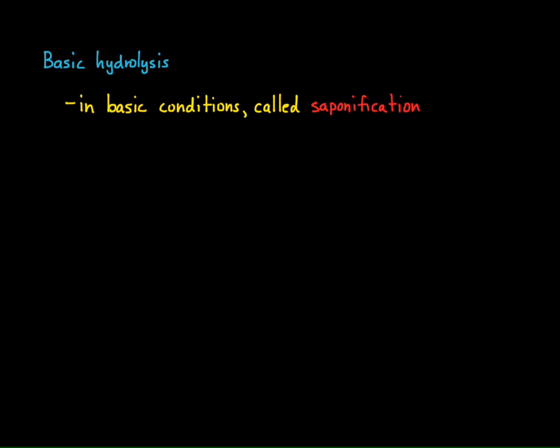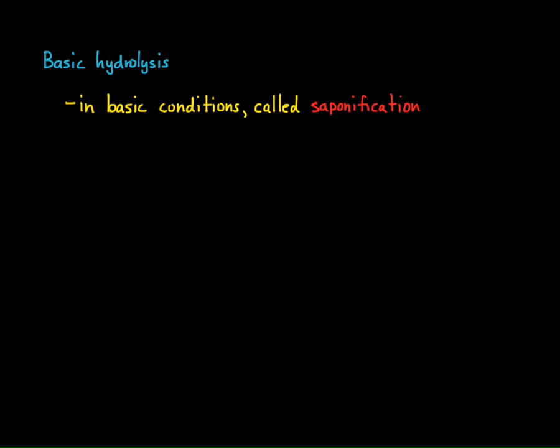All right, so I said we can hydrolyze in acidic conditions. We can also hydrolyze in basic conditions. When we talk about basic hydrolysis, we actually have a name for this, and it's called saponification. And saponification, that term actually comes from the fact that soaps are made from fatty acid esters.